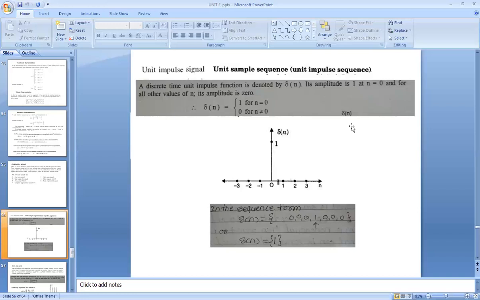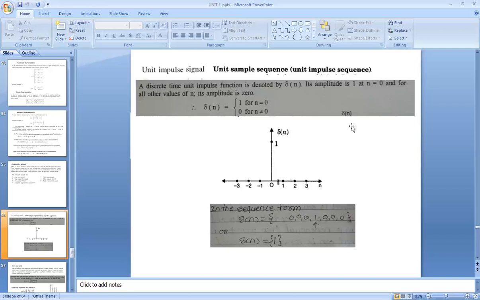Now here, this is the definition of an impulse signal. In terms of a discrete time signal, you can write this sequence in this fashion: del of n is equal to curly brace dot dot dot 0, 0, 0, 1, 0, 0, dot dot dot.